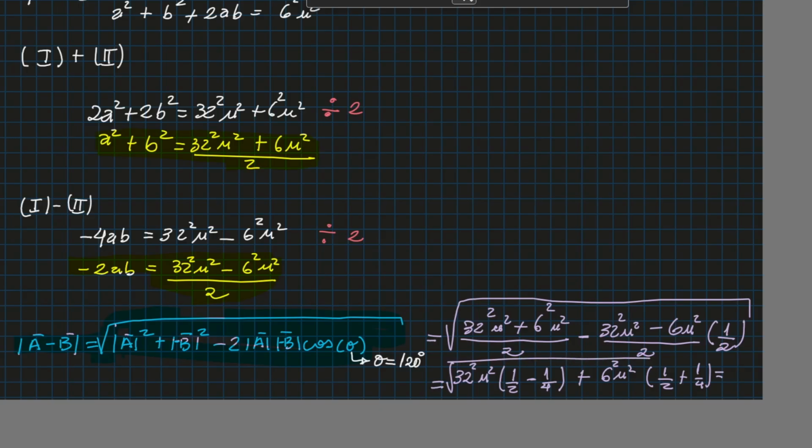Okay, doesn't matter, it's okay, it's here. So the result is the square root of 283. This is the result.